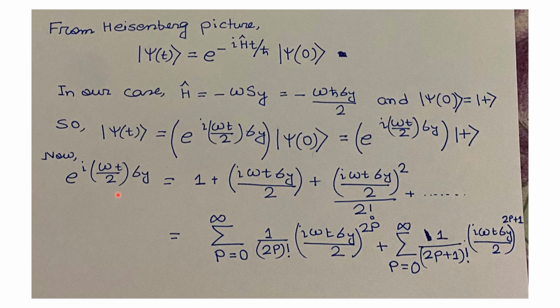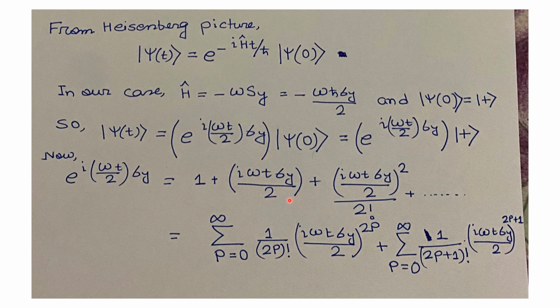Now we will expand this exponential term. After expansion we get e to the power I omega t by 2 times sigma y equals 1 plus I omega t sigma y by 2 plus I omega t sigma y by 2 whole square by 2 factorial plus so on.